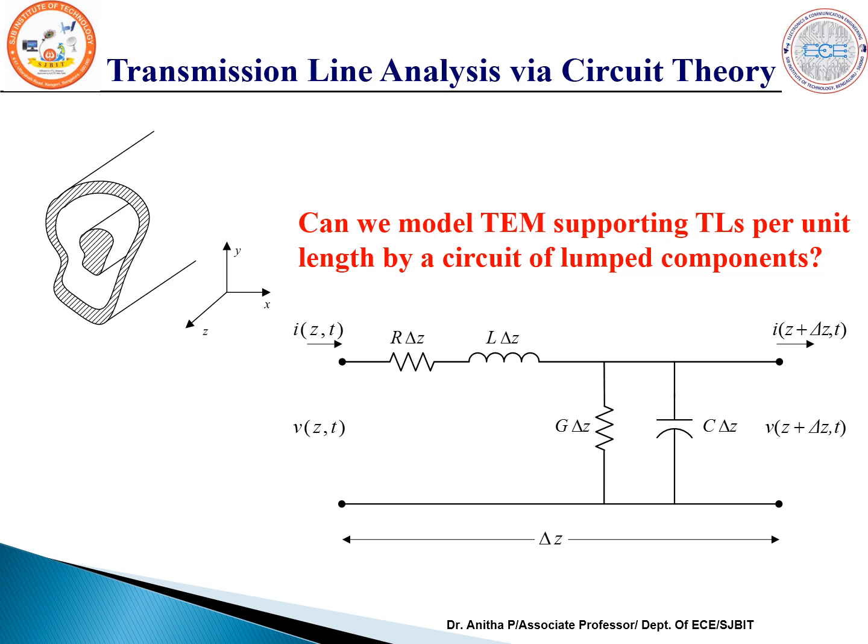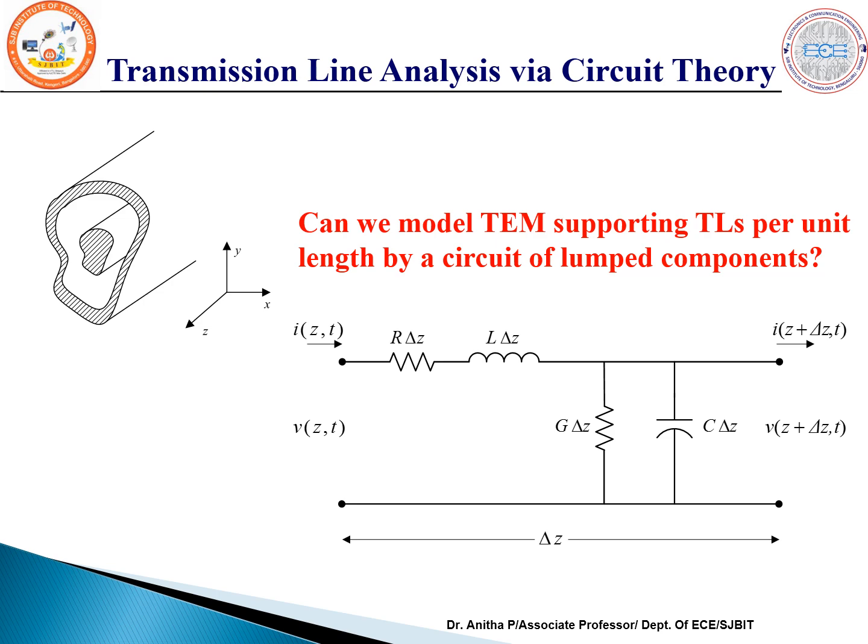So that space component which we are representing here as Z, meaning we are placing the transmission line along the Z axis. Okay, so if I consider the x, y, z rectangular coordinate system, consider the transmission line placed along the Z axis, and a section of transmission line of length delta Z is considered.